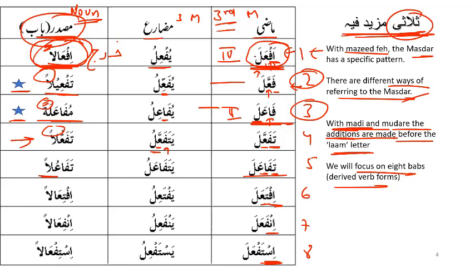And then, as we'll see later, these are actually third person masculine singular. So to convert into third person masculine plural, it will be the same rule that we have studied before, and I'll get into this later.